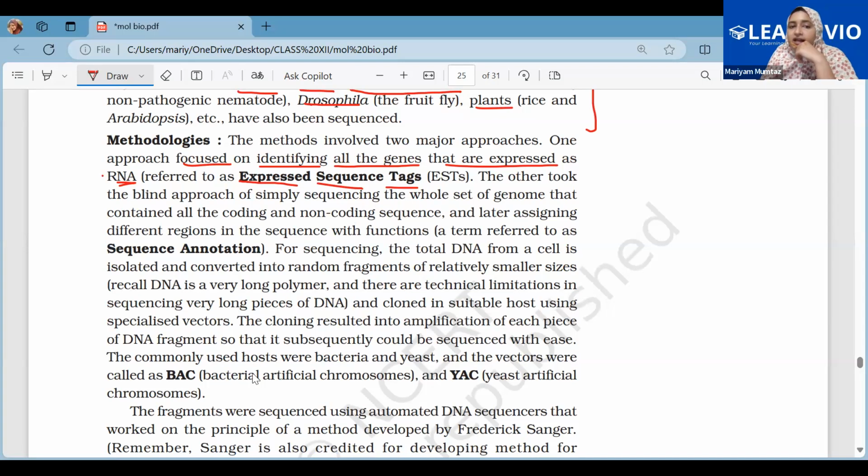The other took the blind approach of simply sequencing the whole genome that contains all the coding and non-coding sequence, and later assigning different regions in the sequence with functions. This is known as sequence annotation. So the methodology for the Human Genome Project were two: expressed sequence tags and sequence annotation.